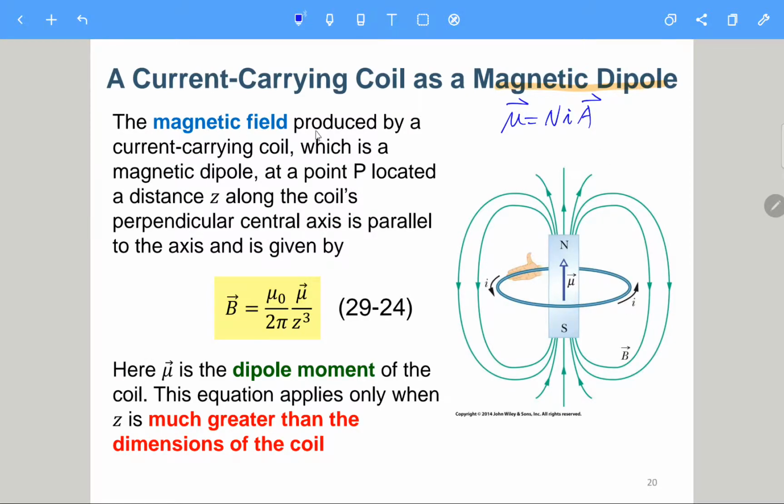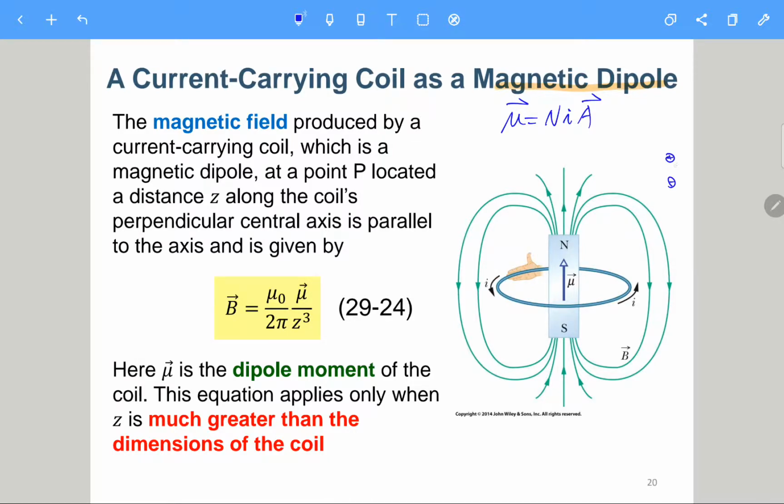The magnetic field produced by a current carrying coil, which has a magnetic dipole, at point P located at distance Z along the coil's central axis, is parallel to the axis and given by this expression. If you still remember, we have derived the electric field for the electric dipole.